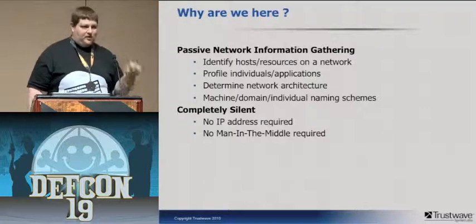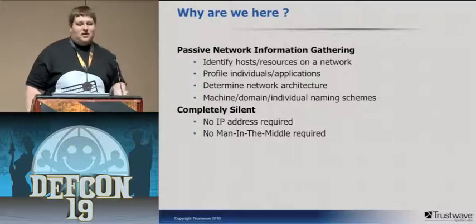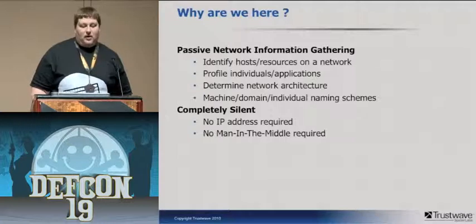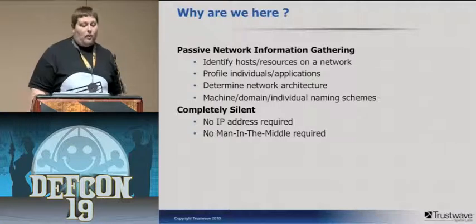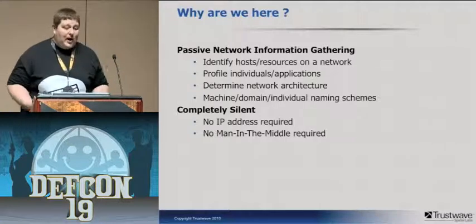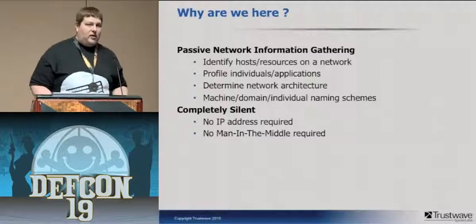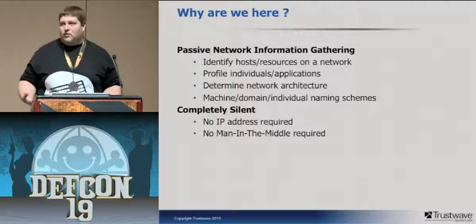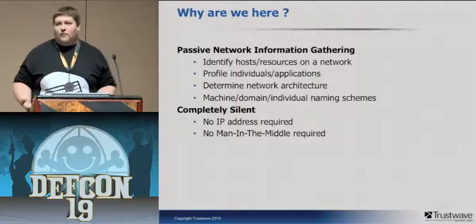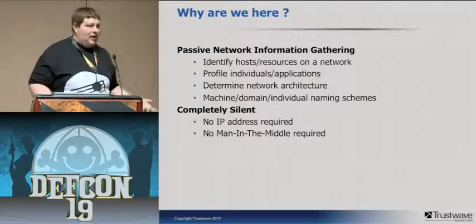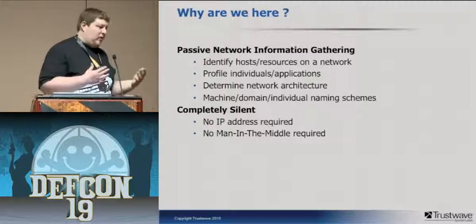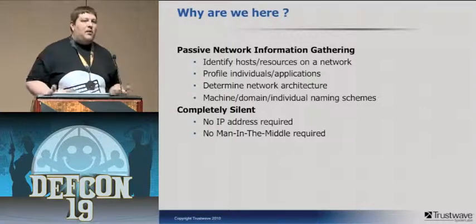It's mostly a lot of down arrow and going, oh, that's interesting, which isn't really interesting at all. So I wanted an easy way to identify hosts and resources on a network. And primarily what I'm talking about is local segments. So for internal pen tests, frequently we hit a point where we're dropped on a local network segment and we want to know what's there.